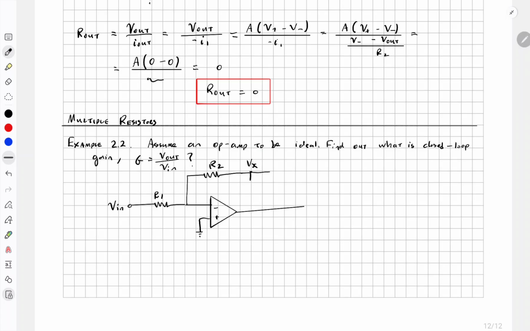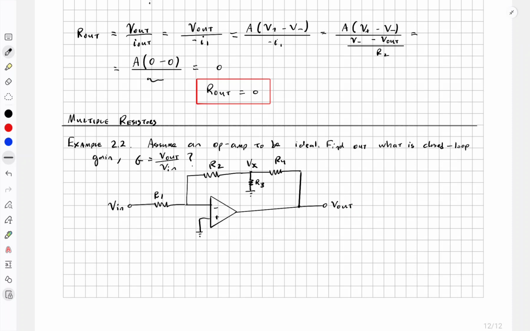There's going to be a node here, we're going to call that Vx, and then there's going to be a resistor here, call that R3. Then there's another resistor here called R4, and then it connects here, and then V out is here. So we're going to solve this circuit now and find out what is the closed loop gain, what is G.